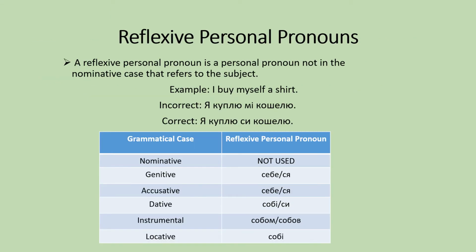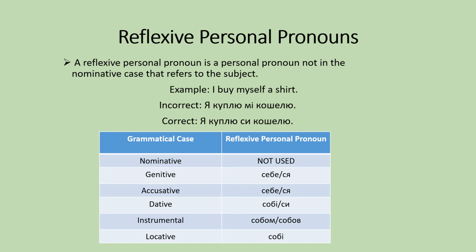Reflexive personal pronouns. A reflexive personal pronoun is a personal pronoun not in the nominative case, that refers to the subject. For an example, to say, I buy myself a shirt, it would be incorrect to say, Ja kupię mi koszulę.